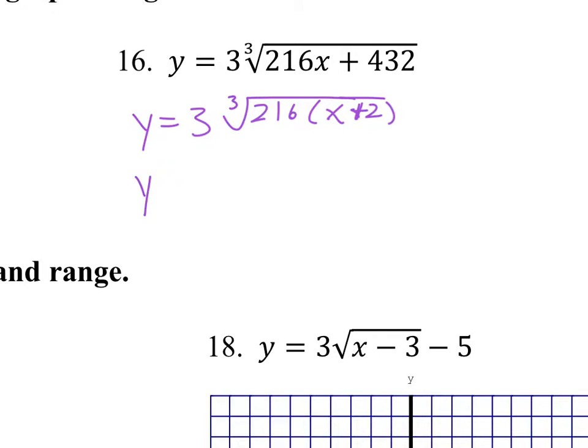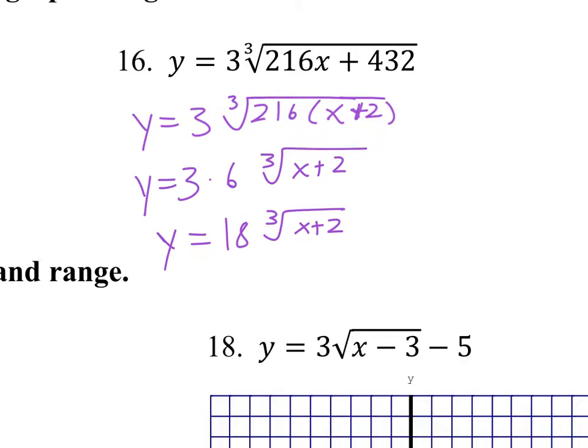So that 6 comes out. Now you could skip this step if you like, and jump right to saying, well, 3 times the 6 would be 18. But y equals 18 times the cube root of x plus 2. Again, we can see there a is 18, h is -2, k is 0, so we could graph that using our transformations.